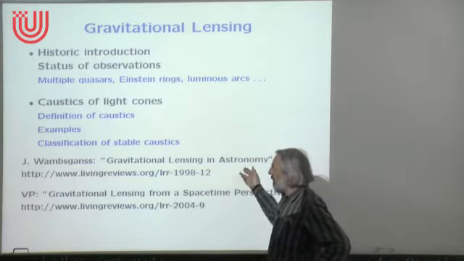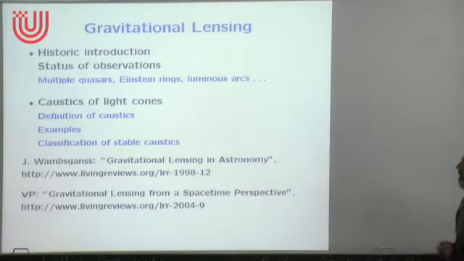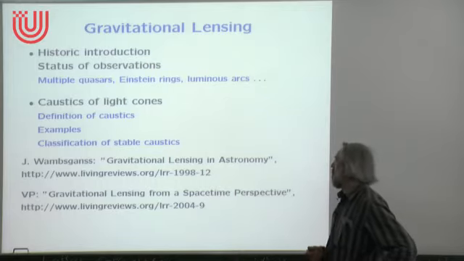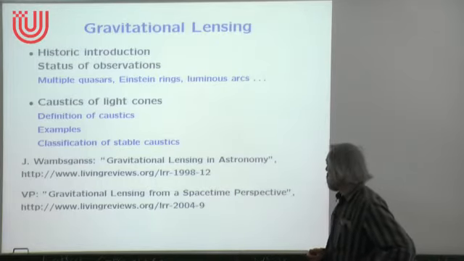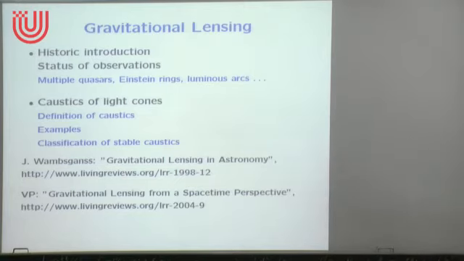And there's one in this series by Joachim Wambsganss on gravitational lensing in astronomy. That's more on the observational side and on directly observation-related subjects. And then there's one by myself, which is more on the theoretical side, of course, and which uses this space-time formalism, which we have been talking about here.